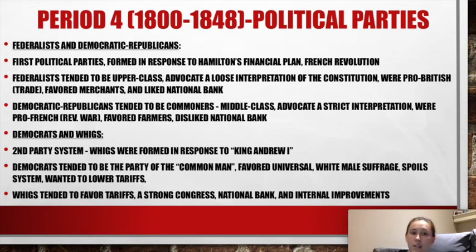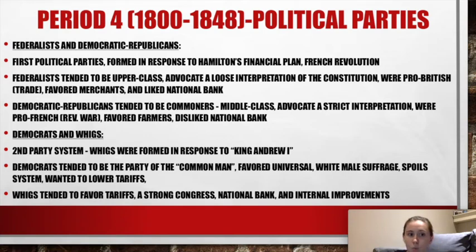Now, during Andrew Jackson's presidency, we see a shift, in which two political parties are formed. One is the Democrats, who support Andrew Jackson. They're formed from that Democratic Republican Party. And the second is the Whig Party, which forms as opposition to Andrew Jackson.